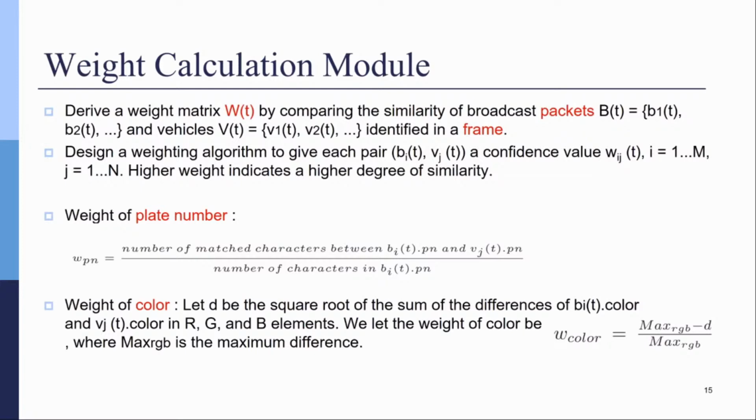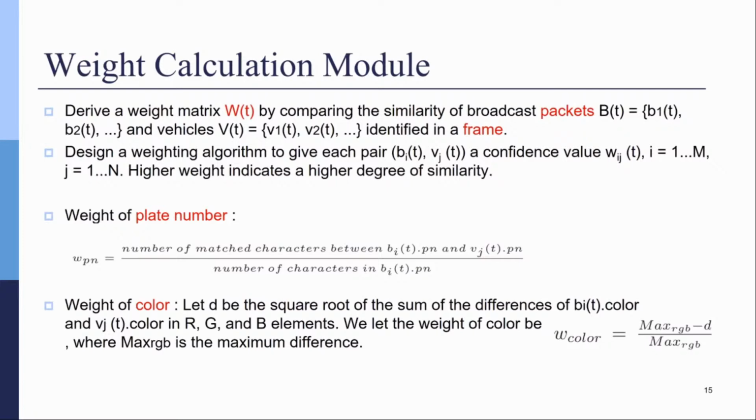To calculate the similarity, we consider 5 features. The first one is the plate number. So in the first equation, we calculate the number of matched characters between vehicle BJ and broadcast packet BI. Here we normalize it by dividing by the number of characters of a plate number.